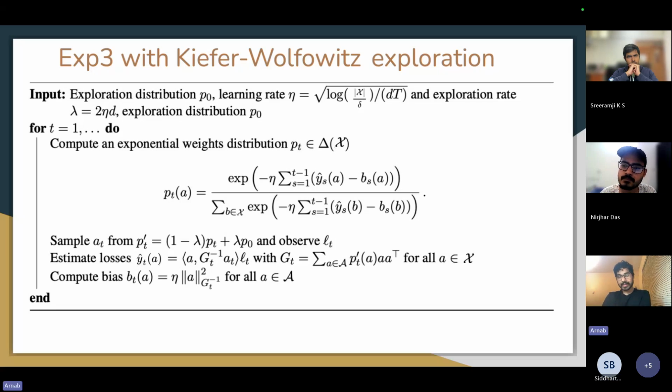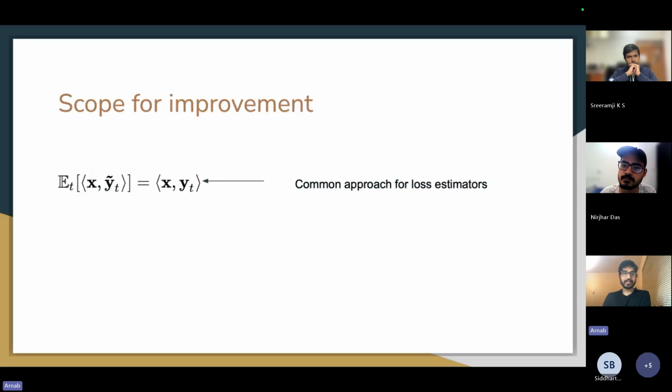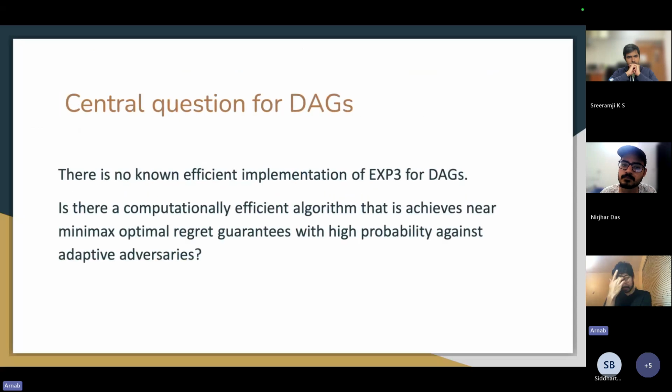So we were motivated to ask, is there any computationally efficient algorithm which is also simple to interpret in some sense, where implicitly we don't have to go and look at an exponential number of paths? That was the motivation, and obviously also to hit the same regret guarantees.